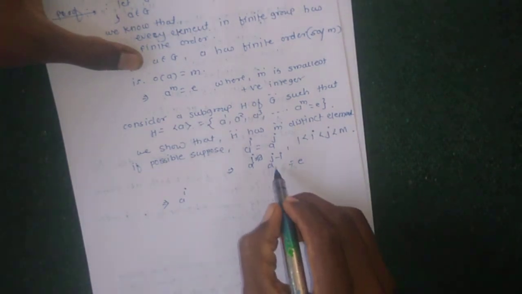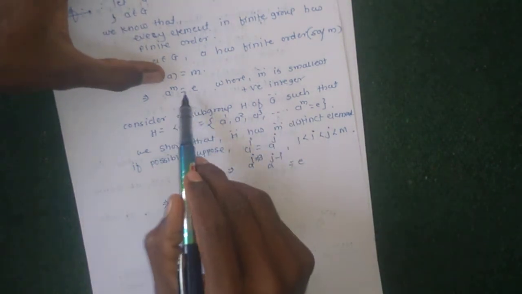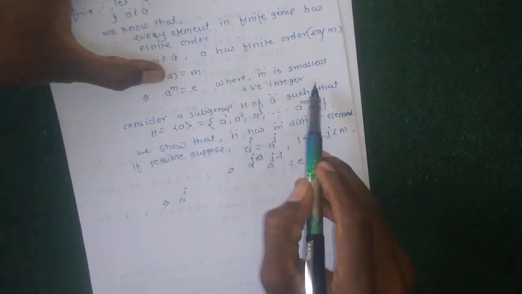A raised to j minus i equals identity, but it is given that a raised to m equals identity, where m is the smallest positive integer.